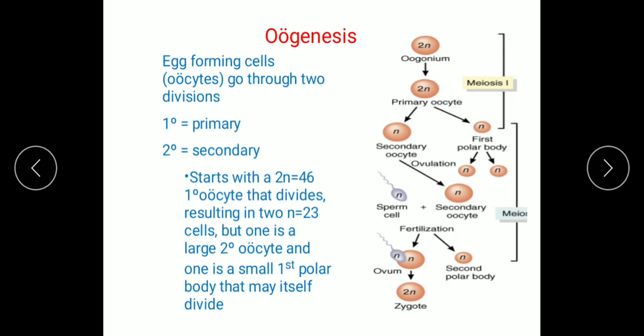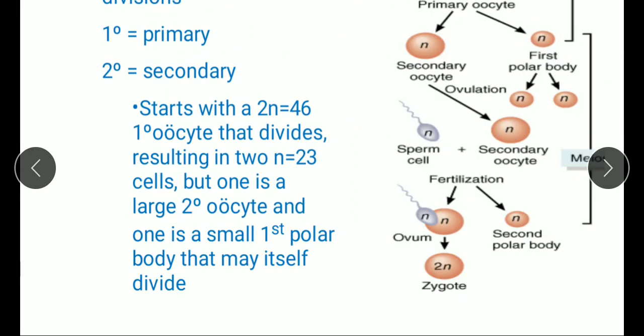The egg-forming cells, oocytes, are immature eggs. Oocytes go through two divisions: the first, primary, and the second, secondary. Start with 2n equal to 46.